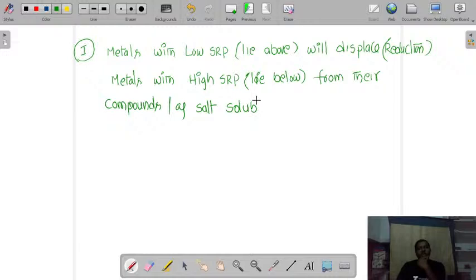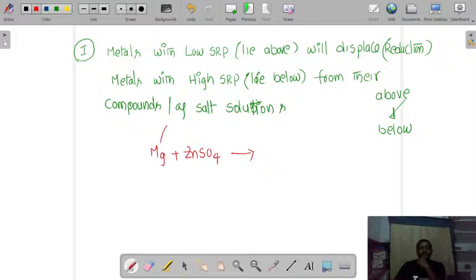Above the series can displace below the series. For example, magnesium above the series, when it reacts with zinc sulfate solution, due to its high electropositive character, magnesium can displace zinc from its salt solution.